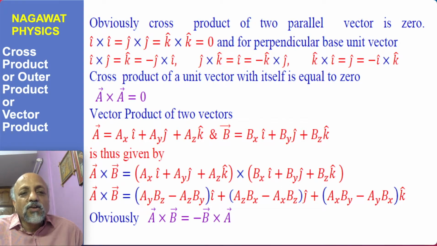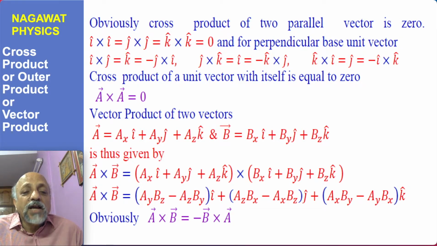So the cross product of i with i is 0. When the unit vector along the x-axis is crossed with itself, we get 0. In fact, any vector crossed with itself is 0, whereas any vector's dot product with itself gives the square of its magnitude, or modulus.